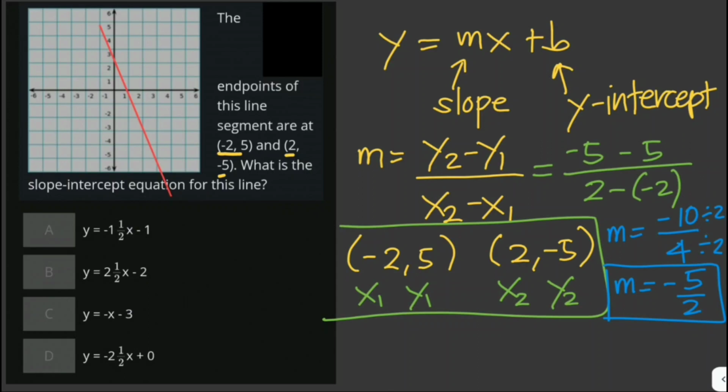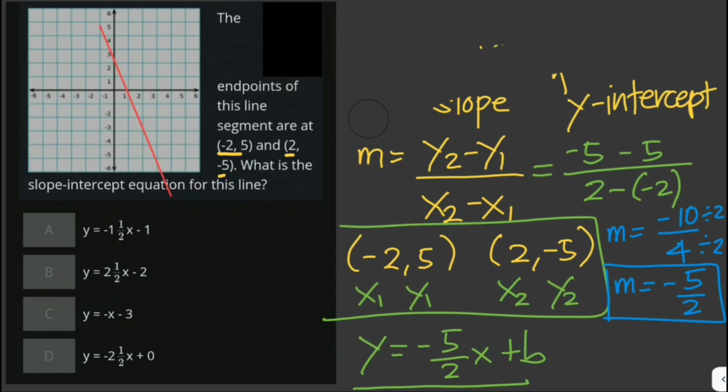Now our equation would be y equals -5/2 x plus b. Now we need to solve for our b to write the equation in the slope-intercept form. So how are we going to do that? Since we are given 2 points here, we can use either of the 2 points and plug into our equation to solve for b.